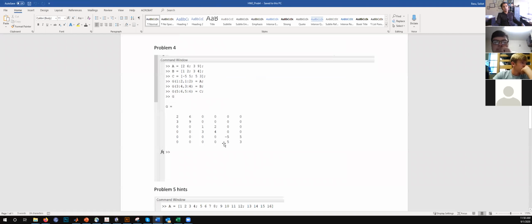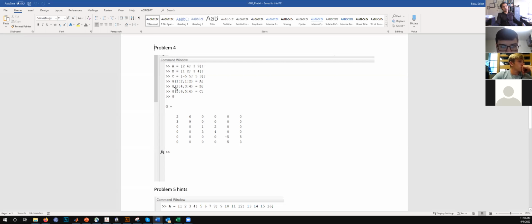Once you have this, then think about the entire G matrix. In the G matrix, from first row to second row, and from first column to second column, is A. So type that out. We have done similar examples, smaller examples, in lecture. Now this part is G's third to fourth row and third to fourth column.